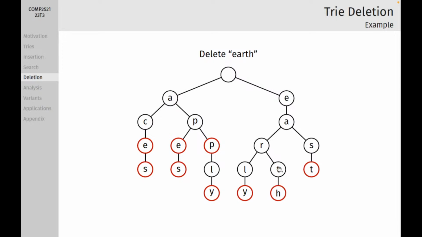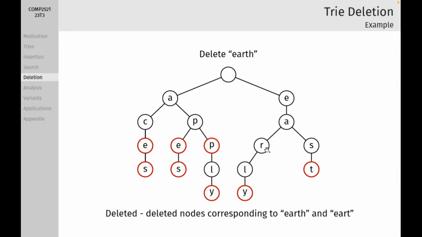Right, then we go up to T. Now since T is a non-finishing node and it doesn't have any child nodes, now that we've deleted H, we also delete this node. And once we go up to R, R has a child node L, right? So we stop, we don't remove R. Right, so this is the result that we should get.